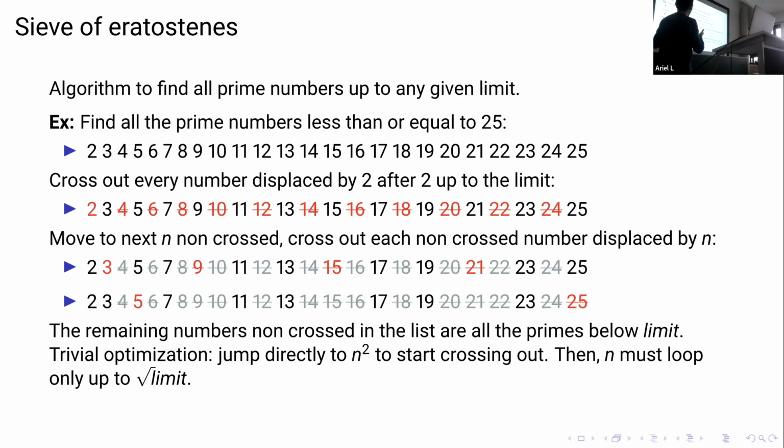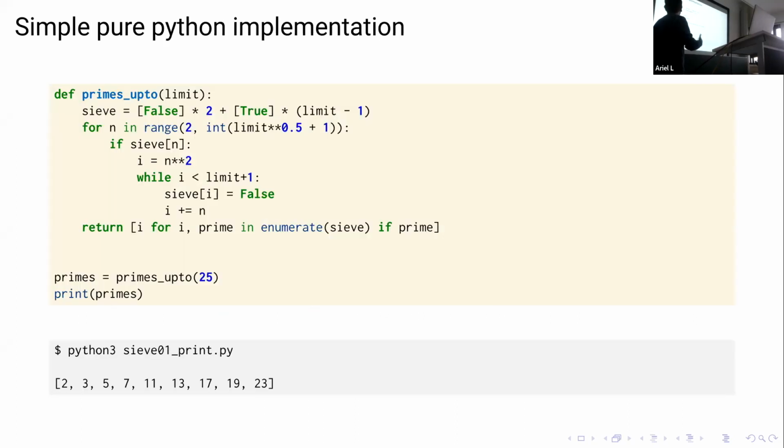So we are going to start with a very basic, simple implementation in pure Python of this algorithm, and it will allow us to explore a little bit the profiling tools we have. So here, as I said, this is a pure Python implementation of it.